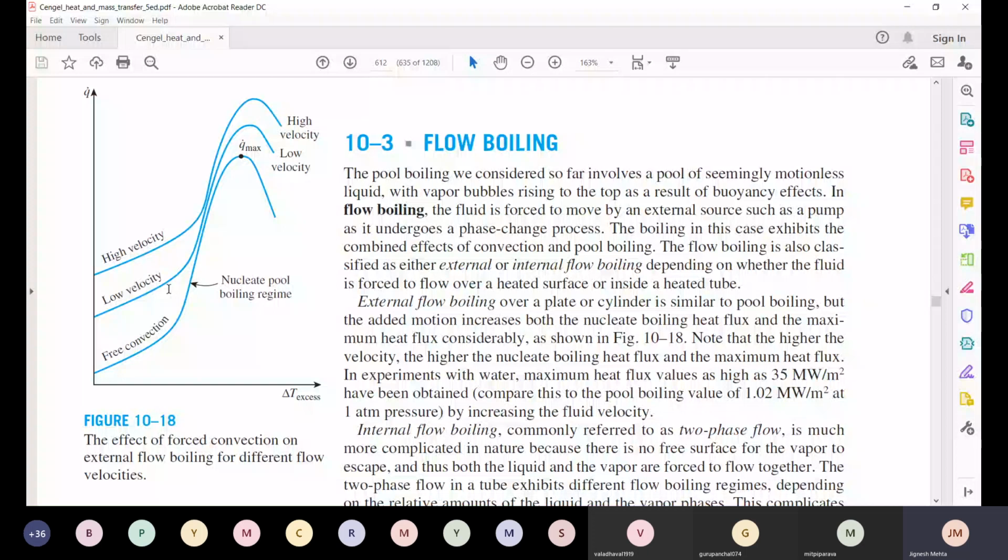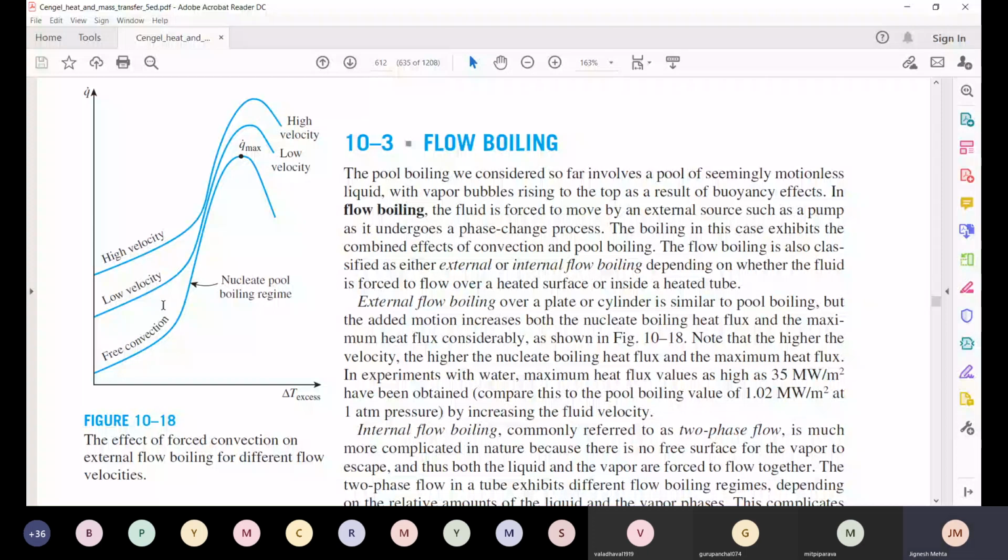And at high velocity, it is even higher. So the higher the velocity, even at the same delta T excess, you are able to get higher heat fluxes. It will be advantageous: with the same area and same delta T excess, you are able to get higher heat transfer rates.